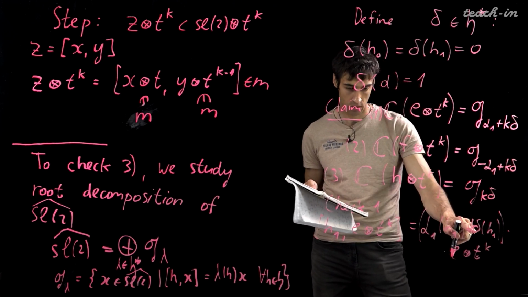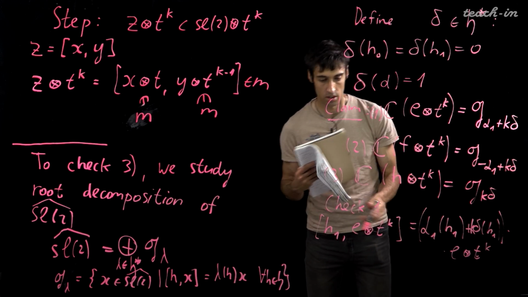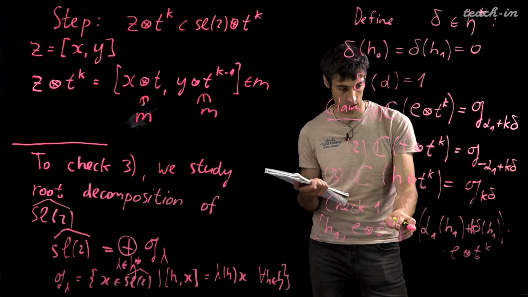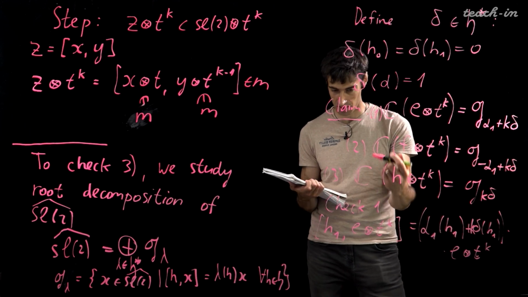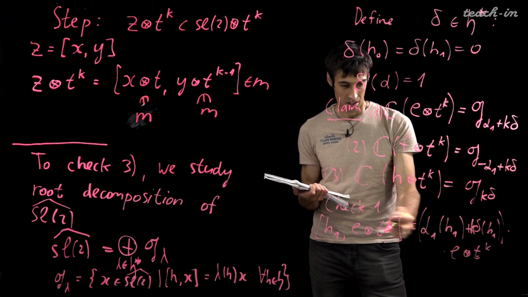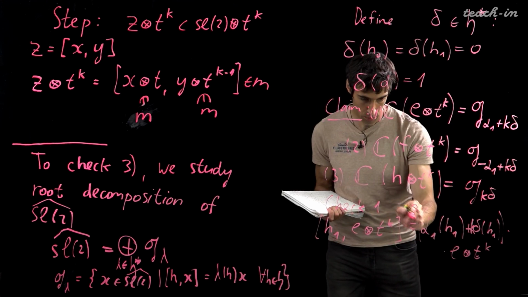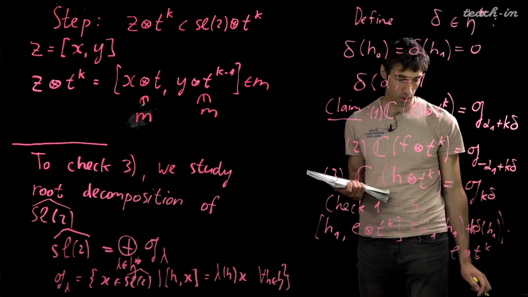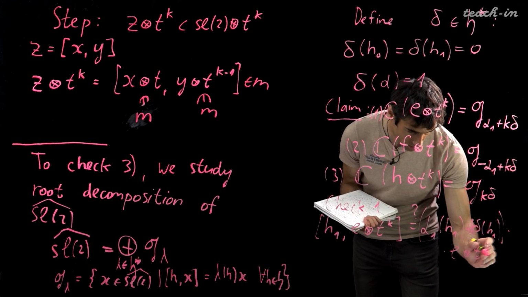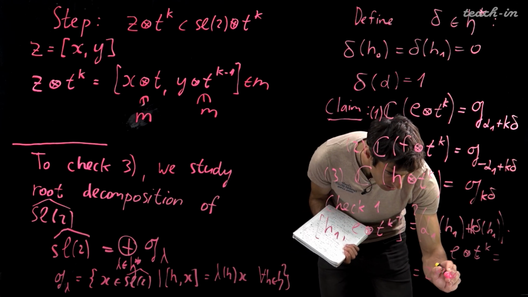So what I wrote here is a statement, this is what you need to check, but why is that true? So maybe I put a question mark here. Delta of H1 is 0, alpha 1 of H1 is 2, and so what's written on the right hand side is just 2E tensor T^k.